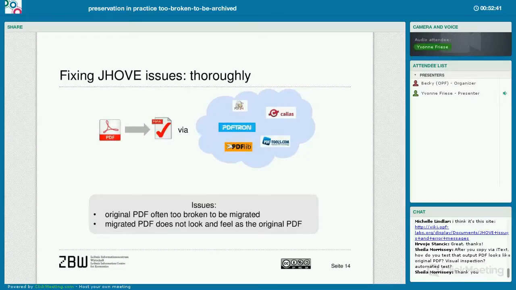I have some examples in the next slides, but in most cases, I wouldn't think the data producer would be satisfied with a PDF/A conversion, which really is too bad, because this would be the better way to fix the PDF files, in my opinion.